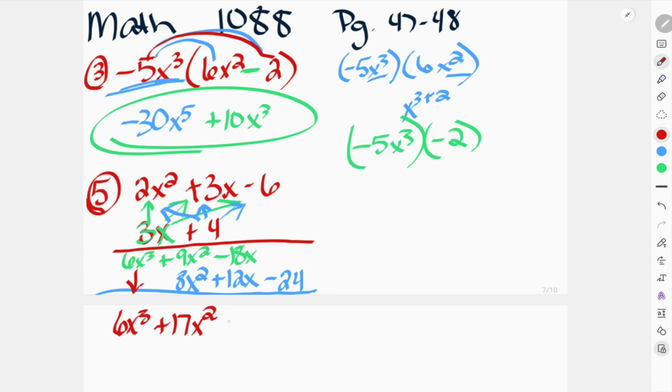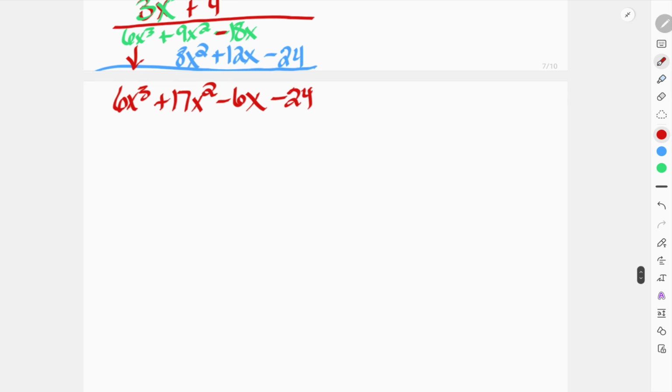Remember, when your signs are different and you're adding, you subtract them and apply the sign of the bigger number. So 18 minus 12 is 6, and I'm doing a negative because the 18 has a negative. And then bring down that 24. And that is your answer for number 5. Again, super easy, nothing too complicated. It just looks busy because of all the letters that you see in there.